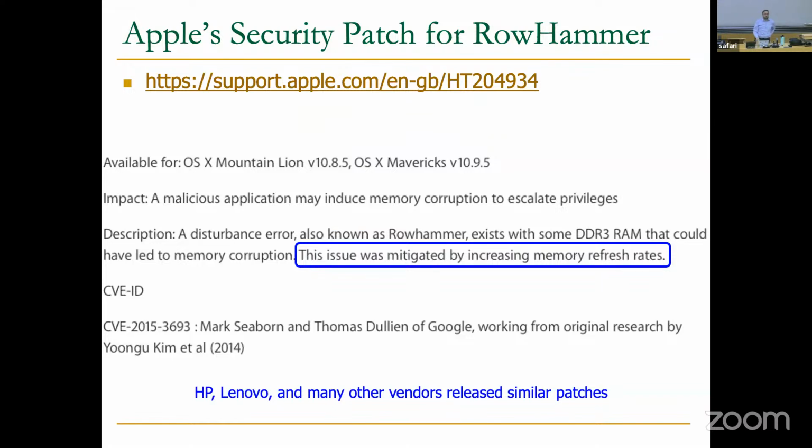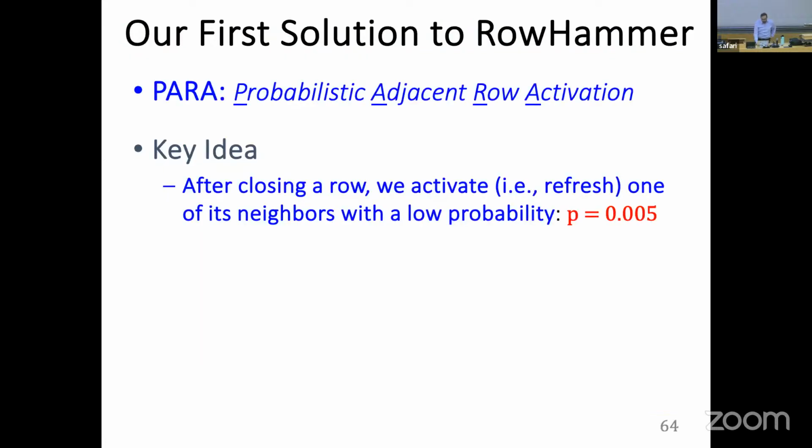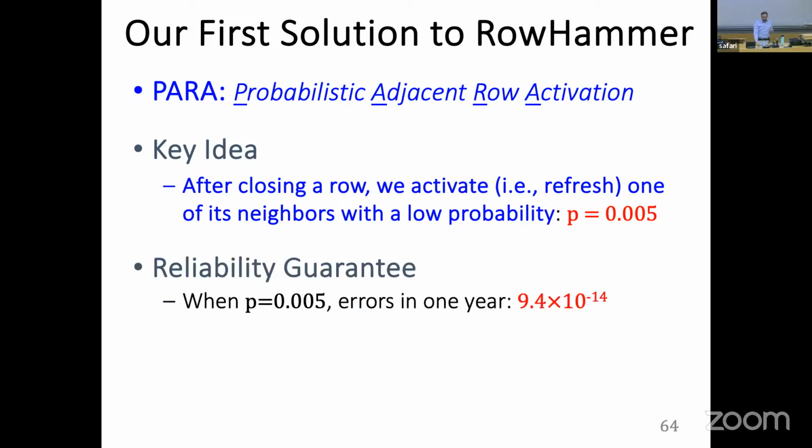Apple went ahead with a software update that increases the refresh rate to mitigate such errors, but it's not viable today. So the solution proposed in the paper is called PARA, probabilistic adjacent row activation. Whenever a row is activated, with a low probability, you refresh the rows adjacent to it.